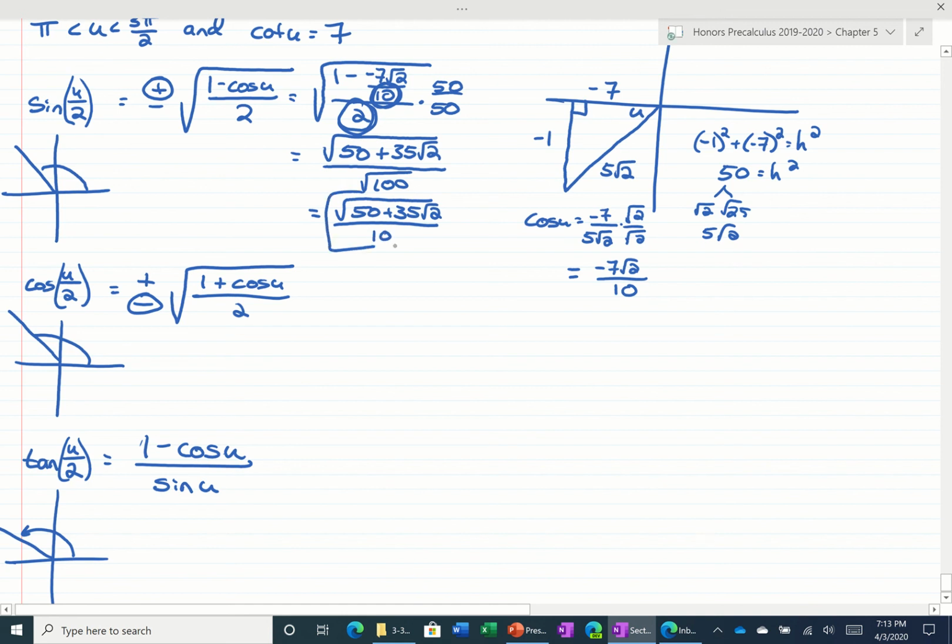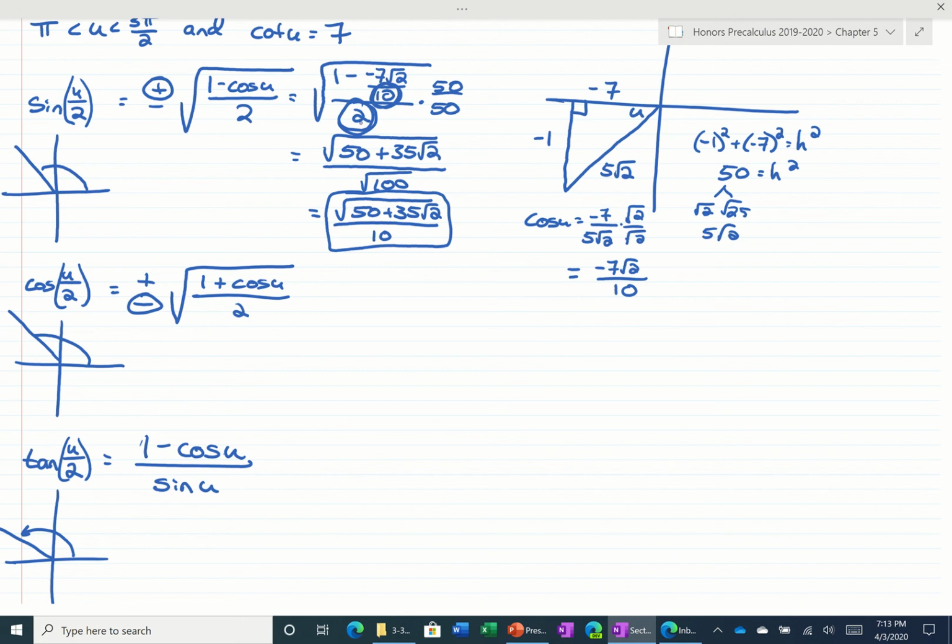And that's a totally acceptable answer to me. I know it's kind of ugly looking, but there are no fractions inside of fractions, and there's no radical in the denominator. So it takes a little bit of figuring out to come up with the 50. That might be the hardest part of this problem.